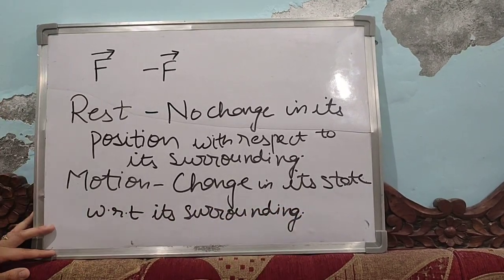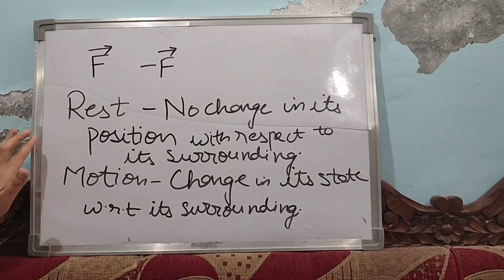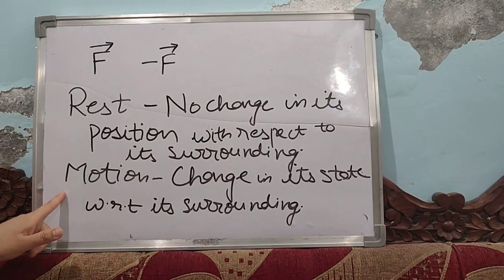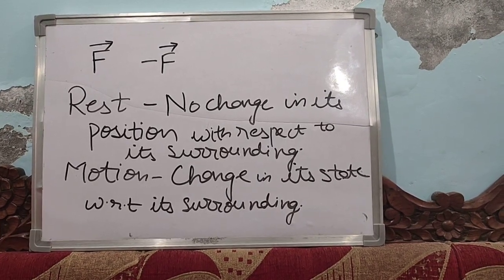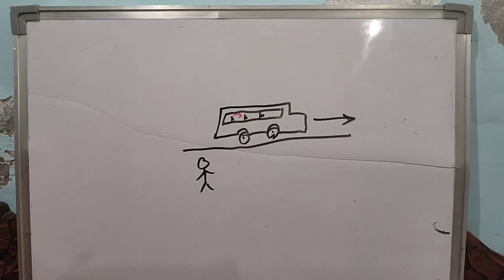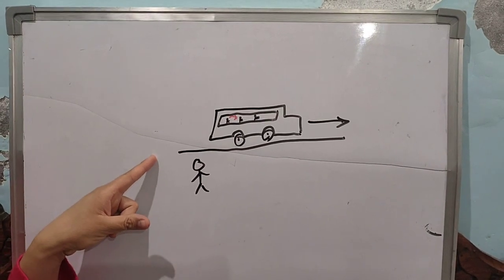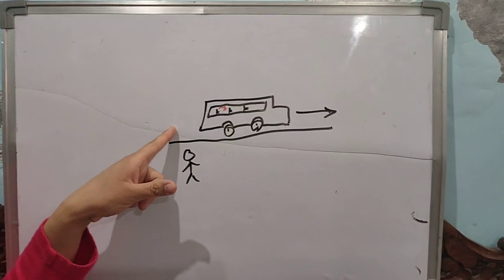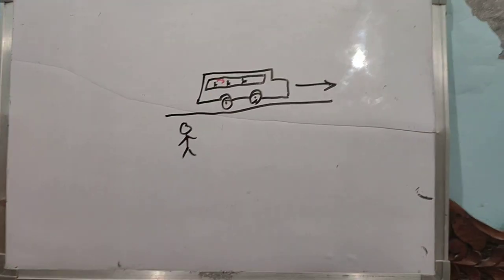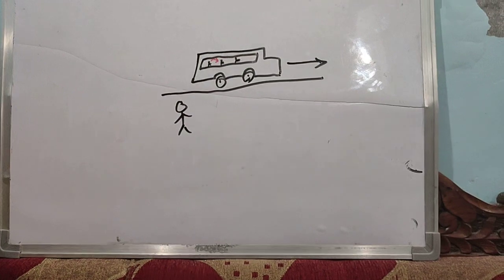Dear students, remember, same body can be in a state of rest or in a state of motion at a time. For example, if a bus is moving in a straight path and the passengers are sitting in a bus, then we are in a state of rest for the passengers sitting in a bus.